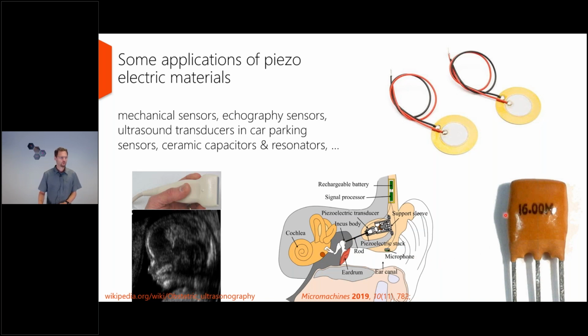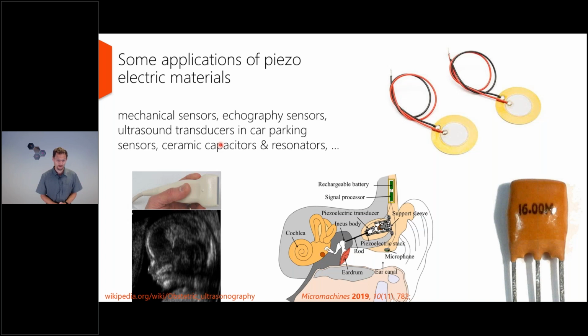But there are also sensors, ceramic capacitors, resonators, and the sensors are, for example, also used in car parking devices. So if you are backing out your car before you hit an object, you have the sensors in, and these are also using piezoelectric materials. So there is a wide field of applications.